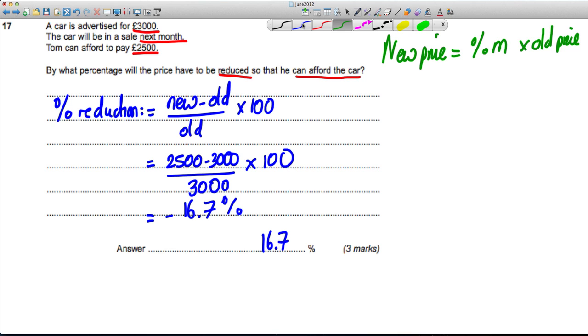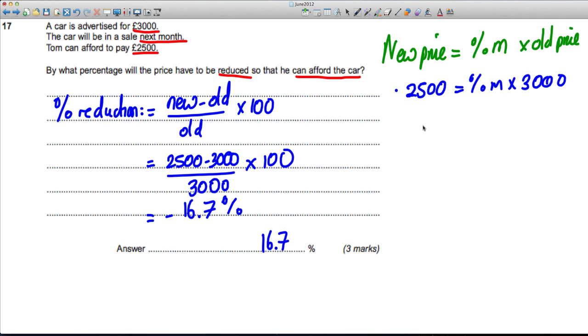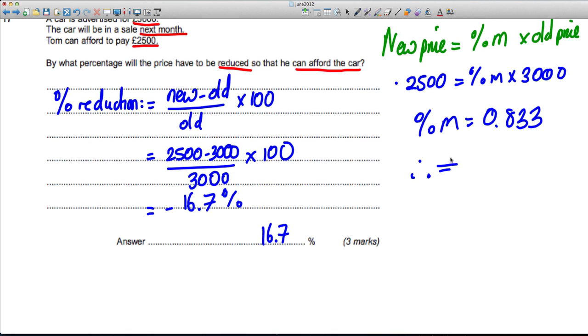Okay, now the new price, if it reduced, is going to be 2,500, which would be the percentage multiplier times the old price, which is 3,000. Rearranging, the percentage multiplier would be 2,500 divided by 3,000, which is equal to 0.833, and that indicates a reduction of 16.7%.